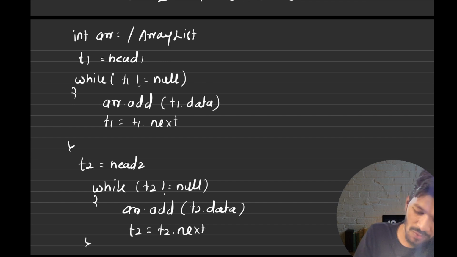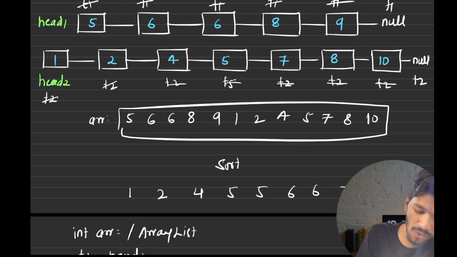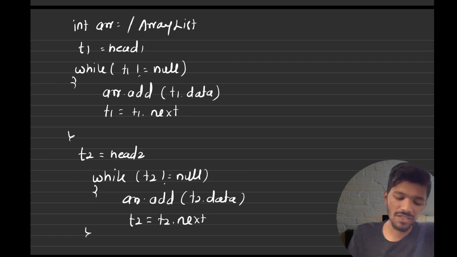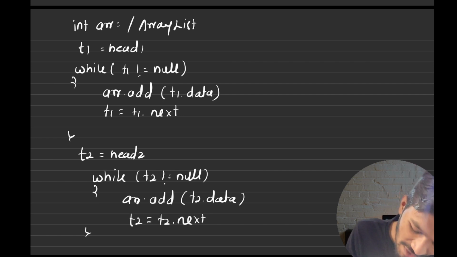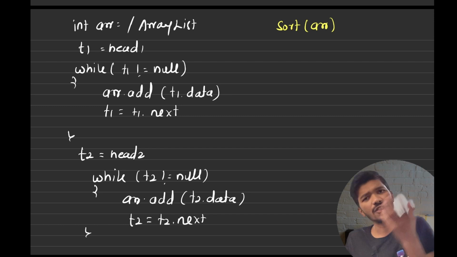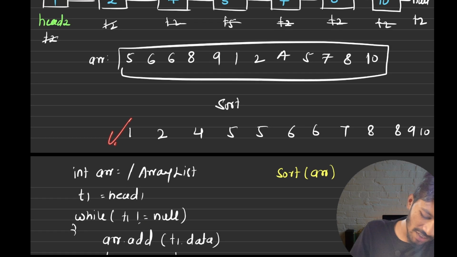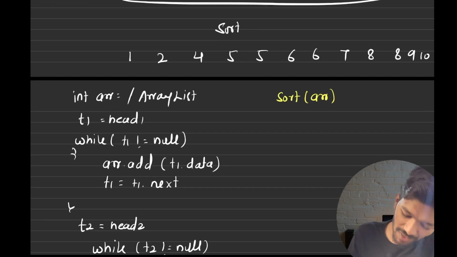In this way you have inserted all the elements present in your linked lists into a separate array, and now we need to simply sort the array. Once you have sorted the array, build the new linked list for the elements present in your array. So simply build the new linked list, right?